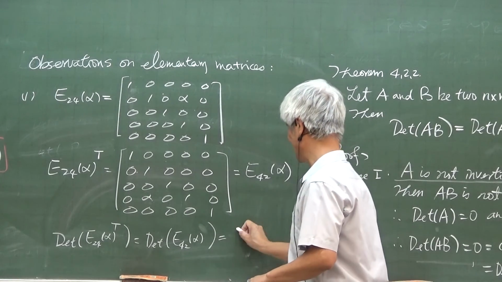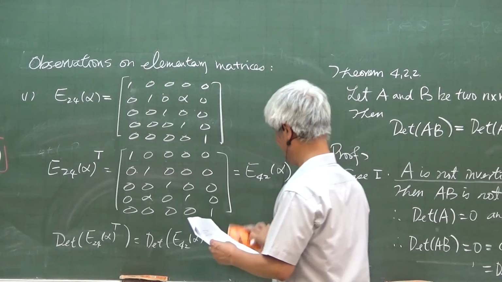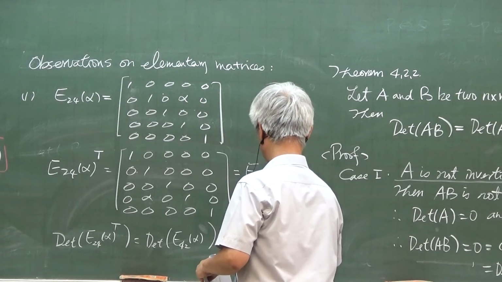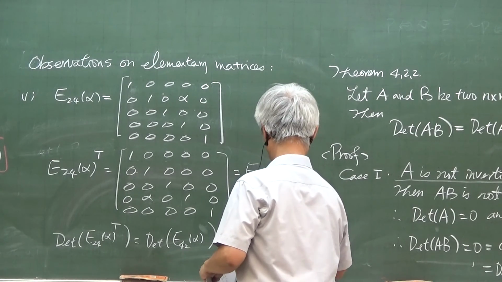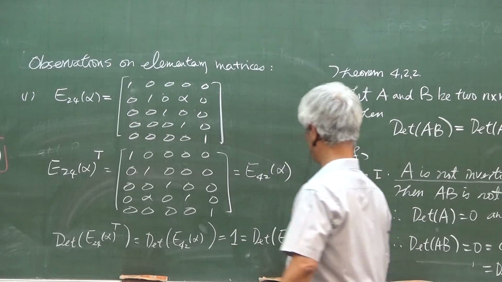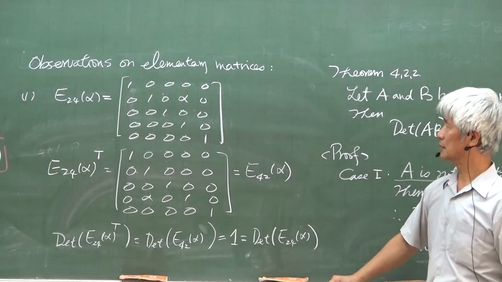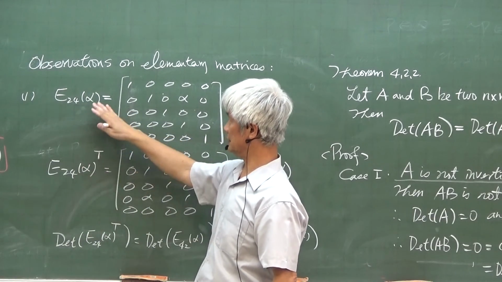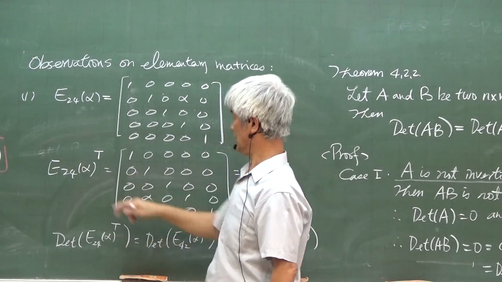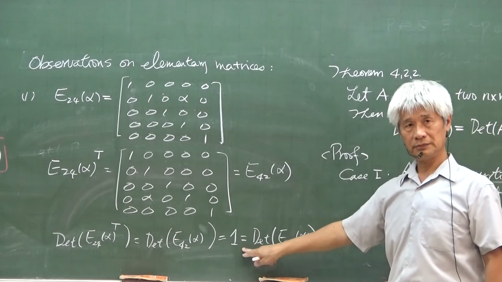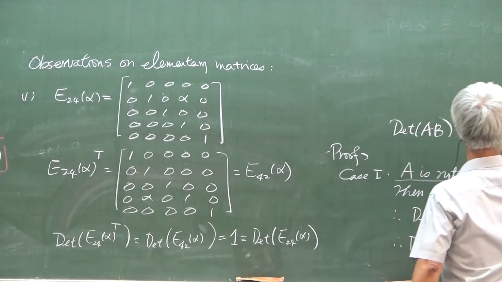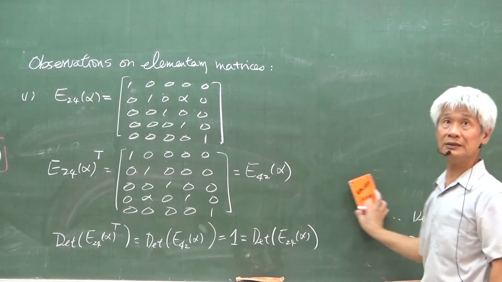So this is equal to 1, which is the determinant of E 2 4 alpha without transpose. So the determinant of the matrix and the determinant of its transpose have the same value.